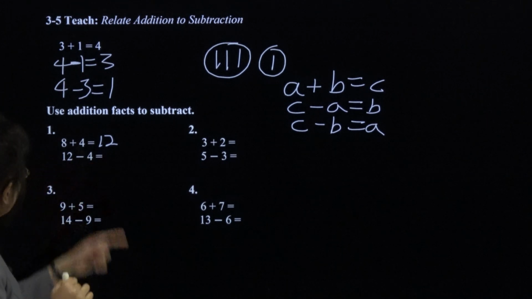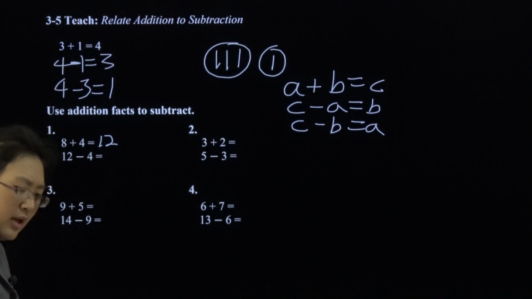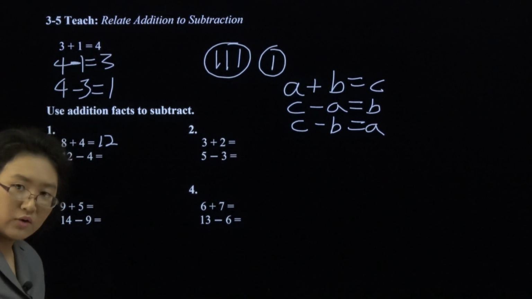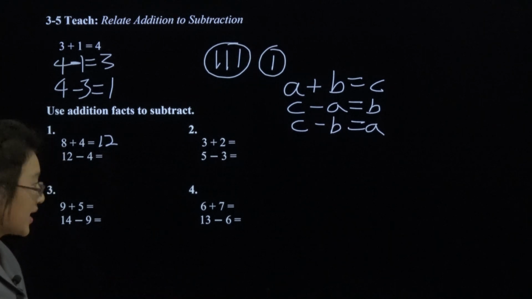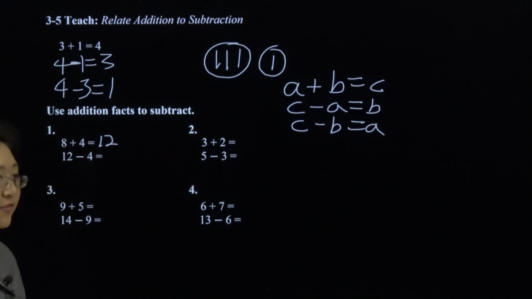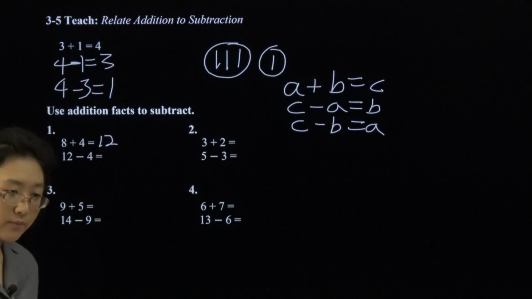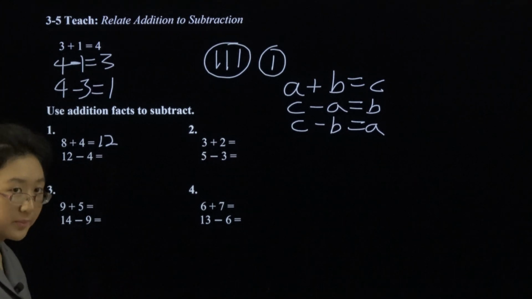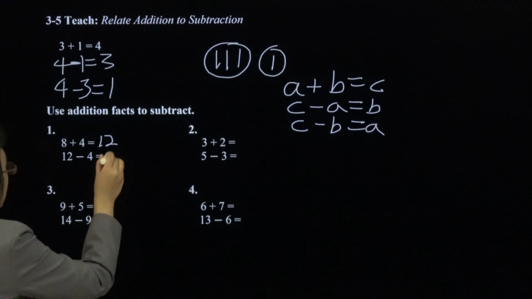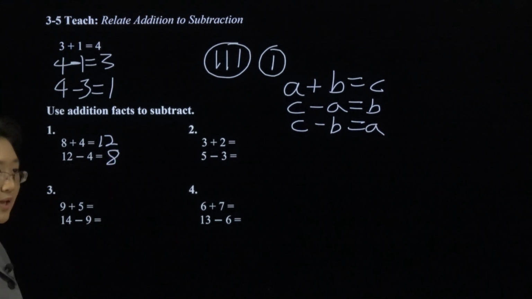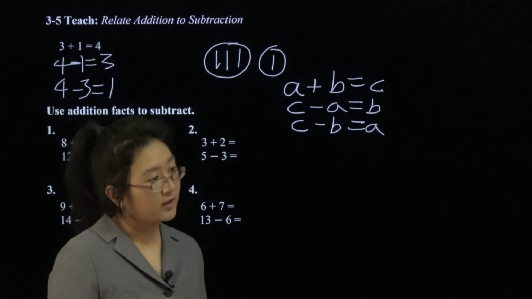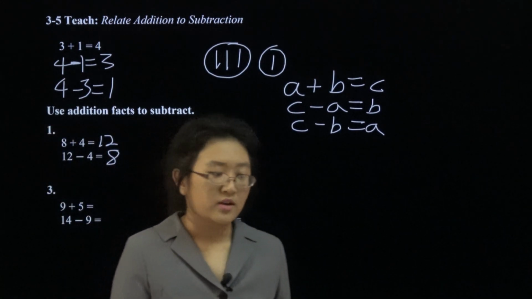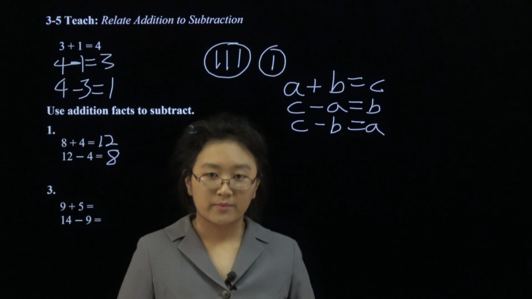Oh look, 12 minus 4. Now, if you take 4 away from 12, it would just be 8. Because if you add 4 to 8, you get 12. So if you take 4 away from 12, then you would get 8. Say you have 8 green marbles and 4 blue marbles.